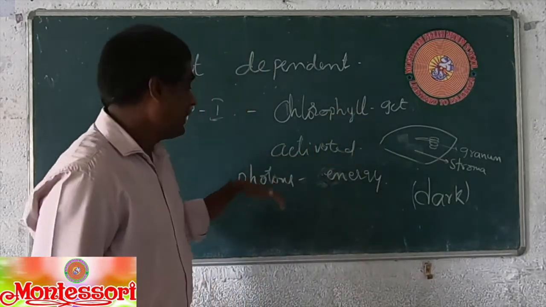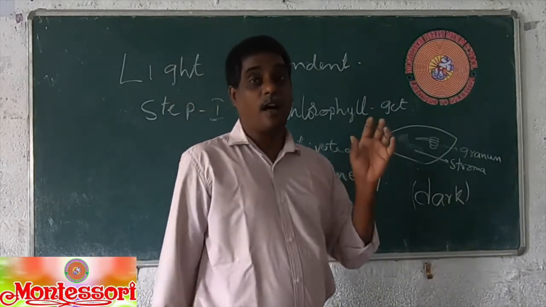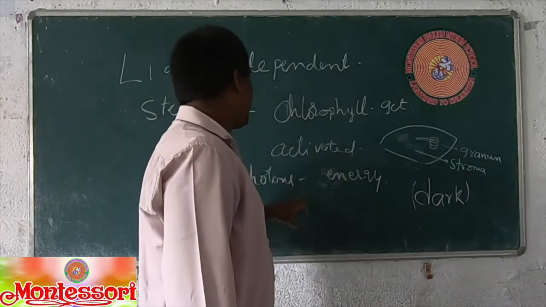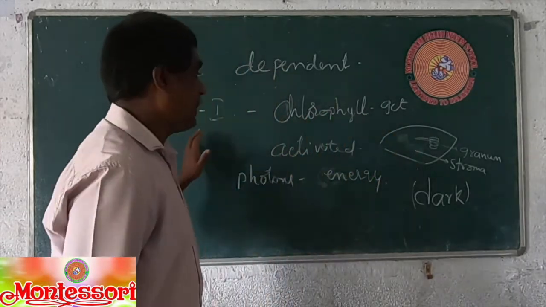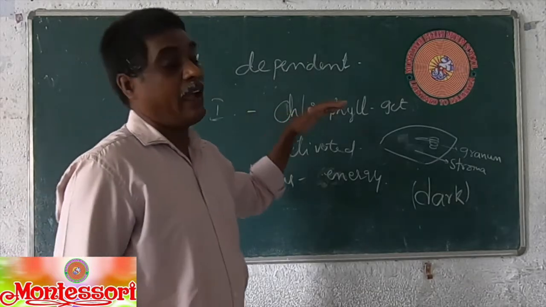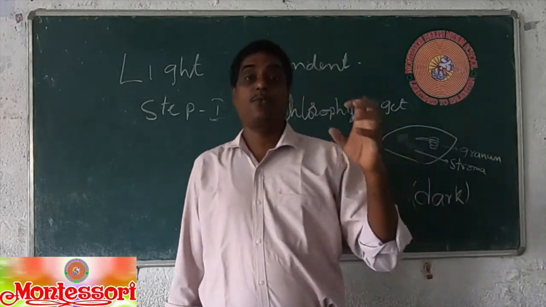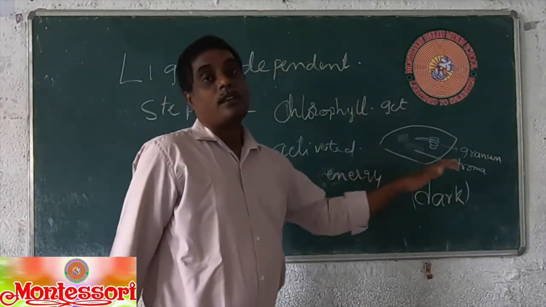That's why it is mentioned as a photon. So here in step 1, chlorophyll gets activated by absorbing the solar energy, that is nothing but photons. The photon means the smallest unit of energy.